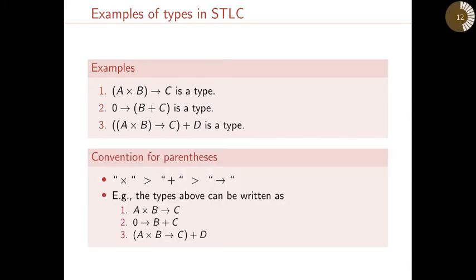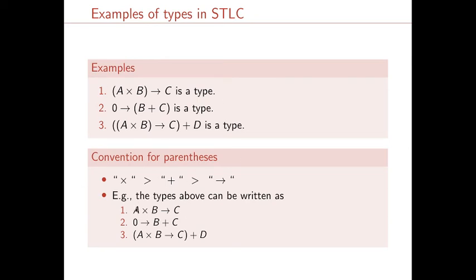To make writing types easier, we introduce a parsing convention. Namely, we say that the times construction binds more tightly than the plus construction, which in turn binds more tightly than the arrow construction. With this convention, we can omit some of the parentheses in these examples.